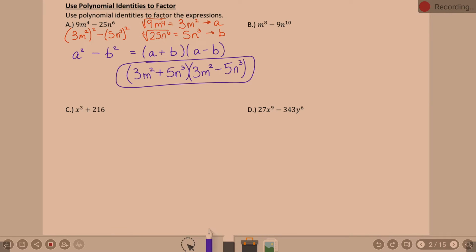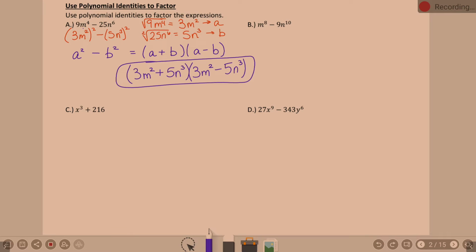I'm not thinking I have people convinced, though. Okay. You don't believe me? How do we check ourselves? Foil it. Can you foil it back together? I'm going to do more of a mental foil where I'm not going to necessarily write it down, but I do want to talk about it. First, 3m squared times 3m squared is 9m to the fourth.